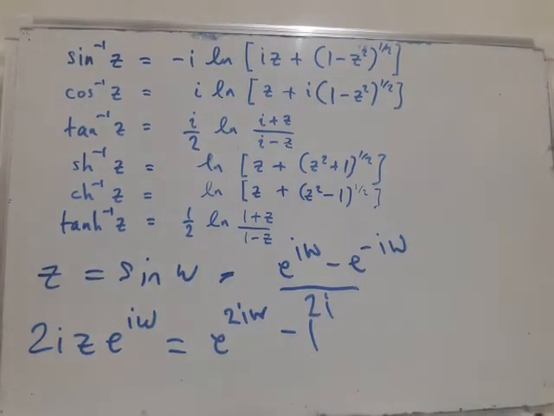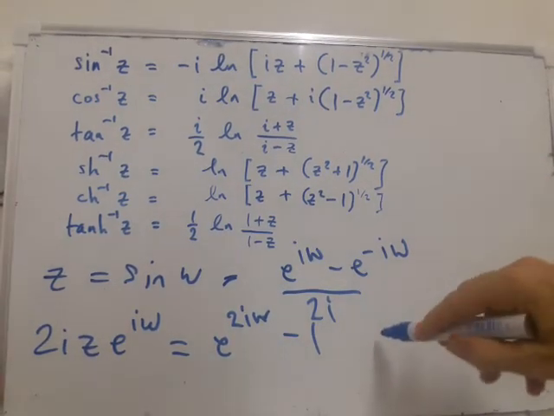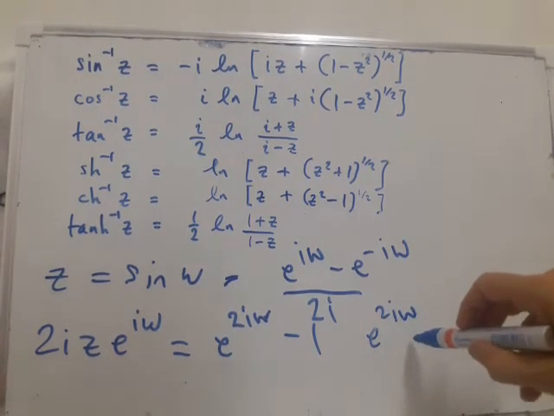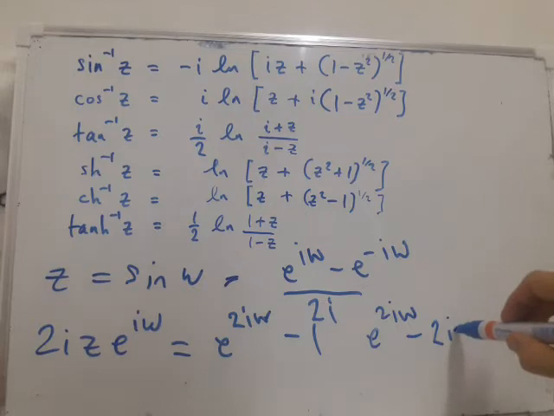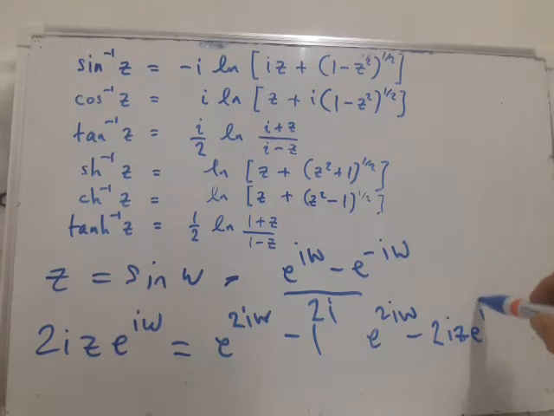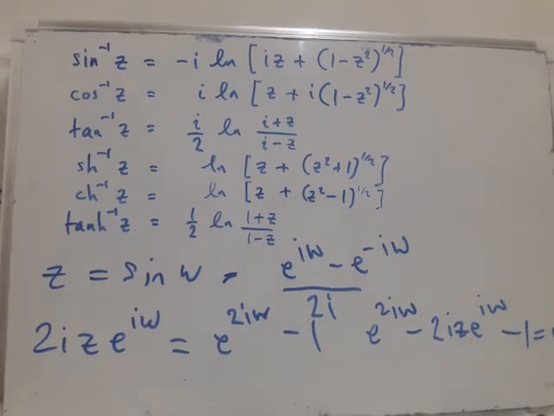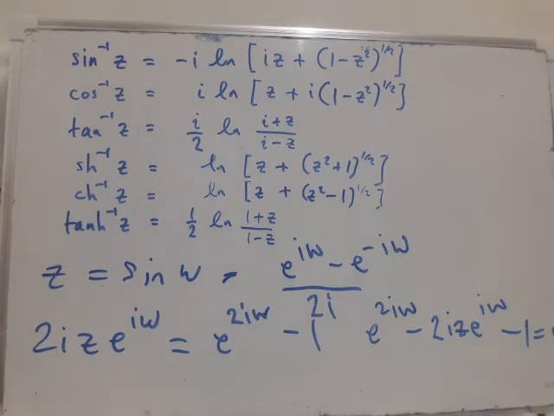So hopefully you realise the reason for doing that is then I get a quadratic in e to the iw. So that quadratic is e to the 2iw minus 2iz e to the iw minus 1 equals 0. And I just solve the quadratic.